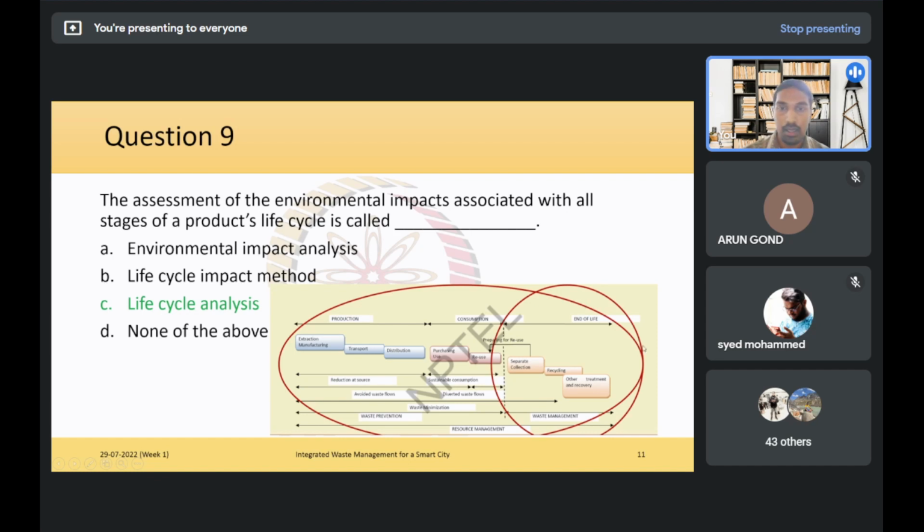We'll have to look at the whole life cycle of the product, so that we'll have a better understanding of what is happening with waste in a product's life, so that we'll be able to better manage it. And that is what we call a life cycle analysis. Yeah, was that clear? Yes, sir. Okay.